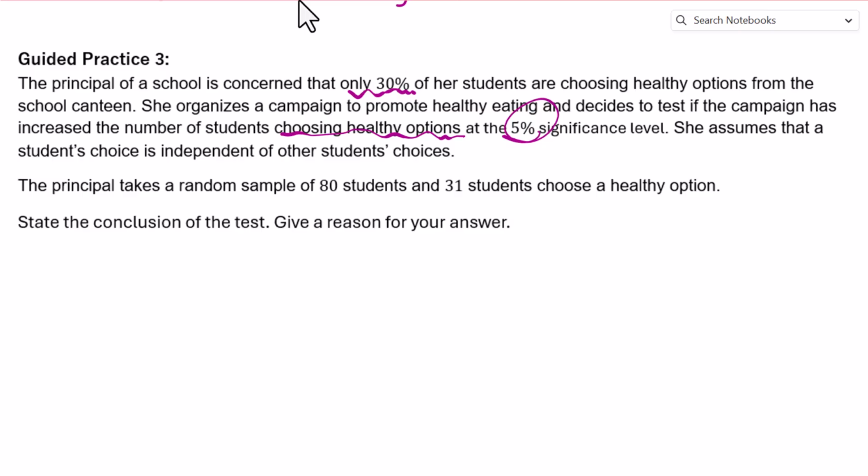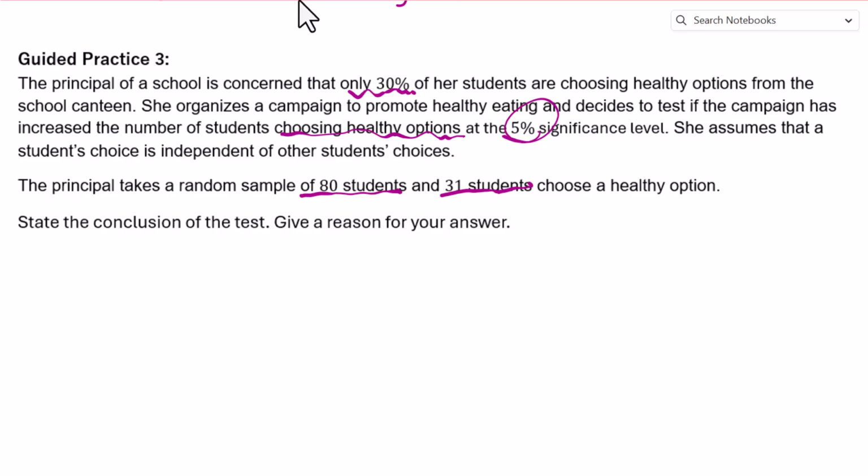She assumes that a student's choice is independent of other students' choices. The principal takes a random sample of 80 students, and 31 students choose a healthy option. State the conclusion of the test. Give a reason for your answer.